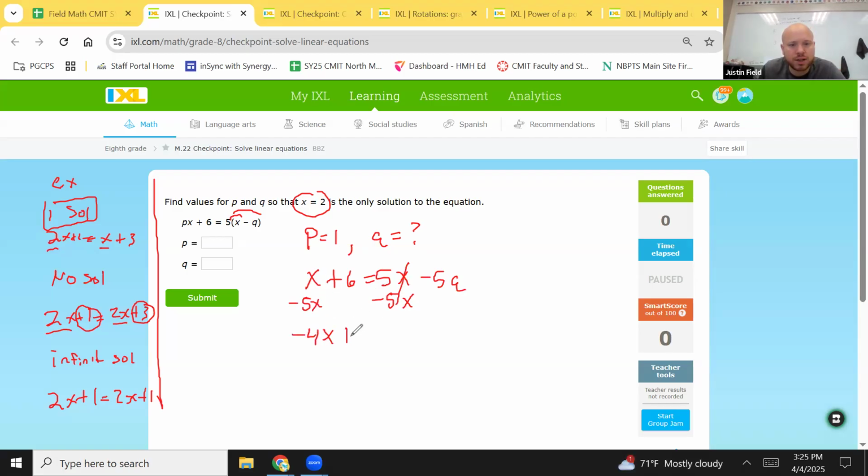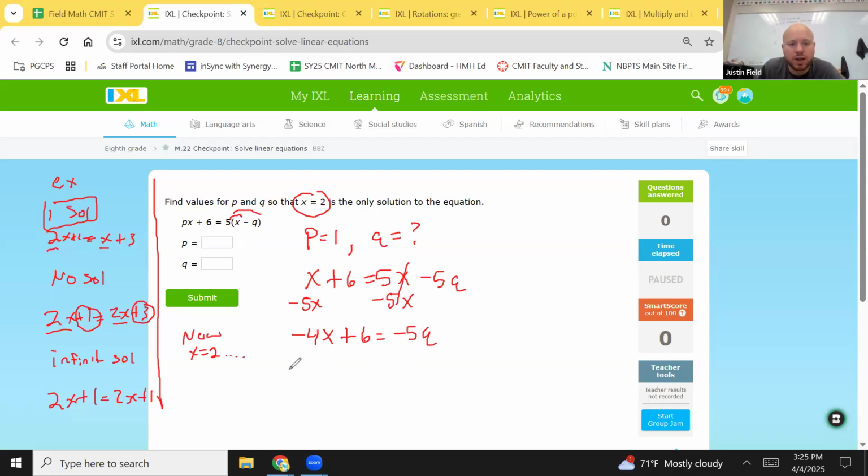And that's negative 4x plus 6 equals negative 5q. Again, I'm just using everything I know to try to figure this one out. Okay, so now I know that x has to equal 2. So now I can see that if I substitute in 2, now it's going to make sense to me.